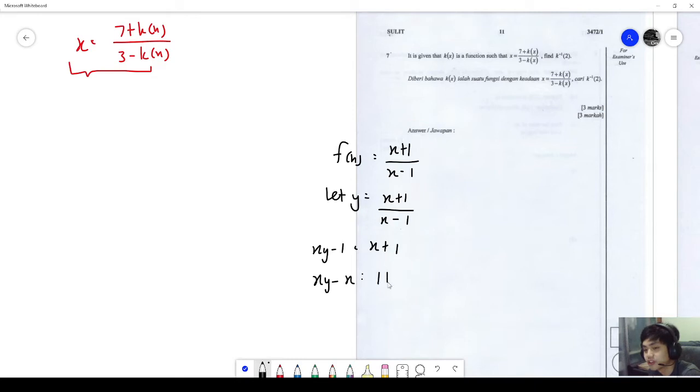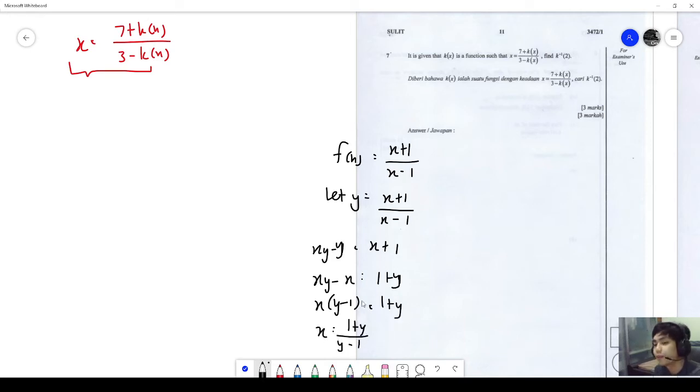I'm just going to rearrange it slowly. So x equals 1 plus y over y minus 1.